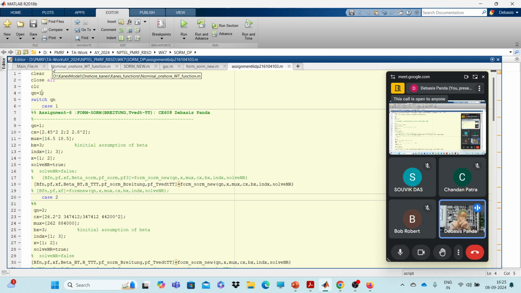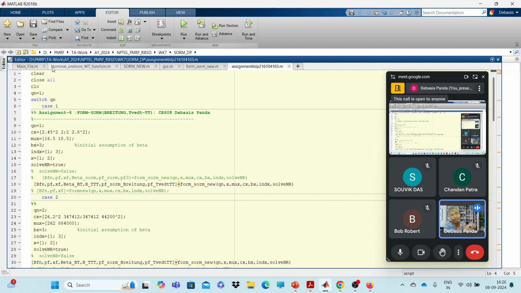What is the flow? First it will check the correlations, then uncorrelate, then check whether we need to make the equivalent normalization or not. Then it will call the gx, convert it into gz, then make the first differentiation, get the alpha values, start iterating, and get the final alpha and beta values.